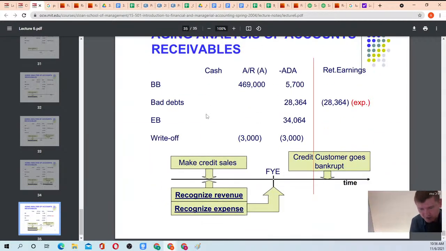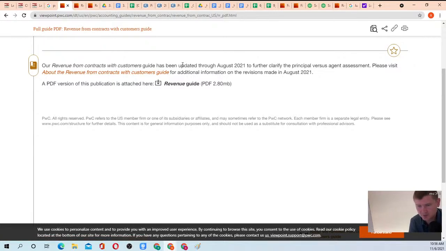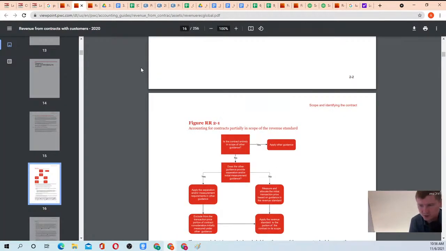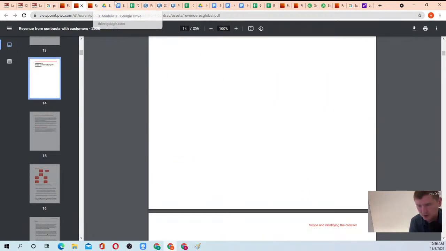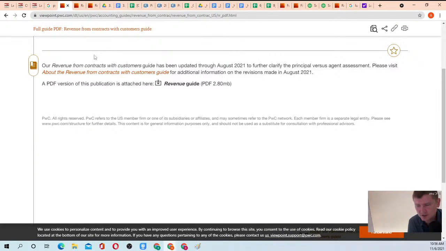And that pretty much concludes today's lecture. So basically what we covered: revenue recognition principles. We found the guidance where we can find the most updated revenue guidance. We looked at several transactions which cover different aspects of revenue recognition, like whether you received cash or received another form of assets for your revenue, or you settled a liability with your revenue.